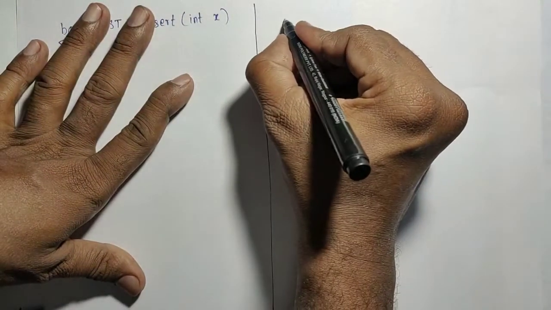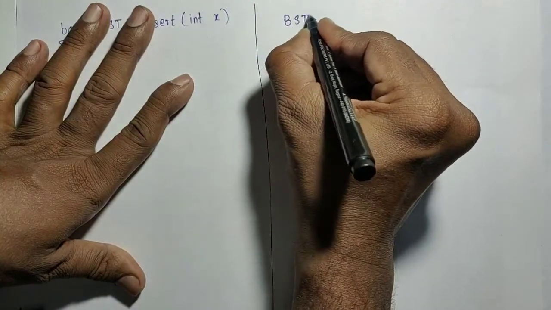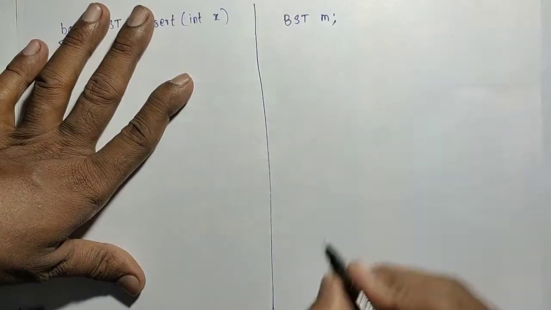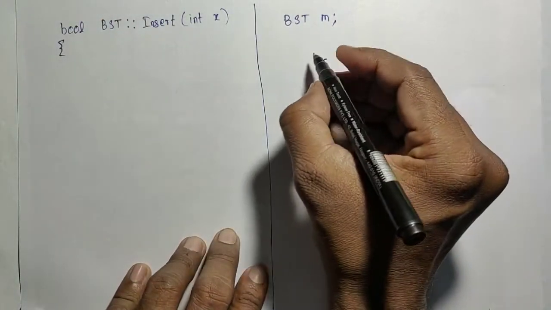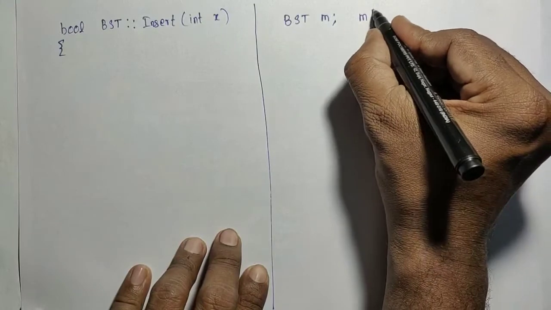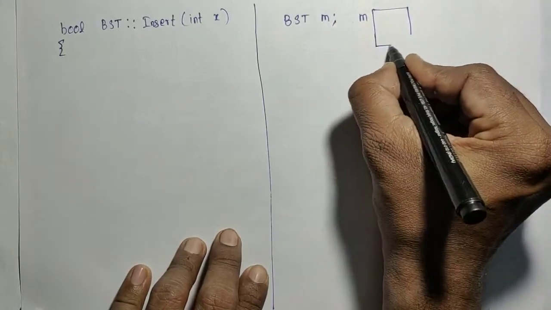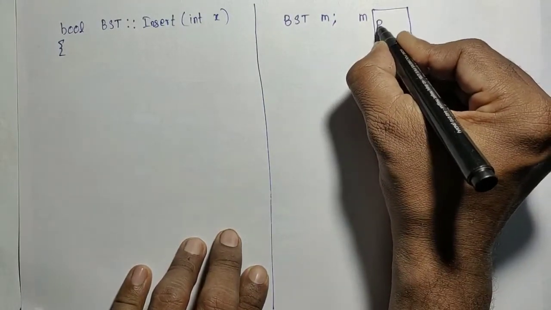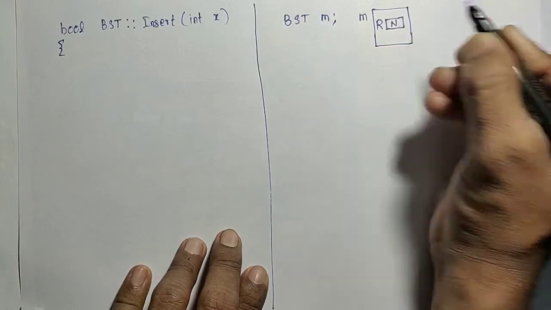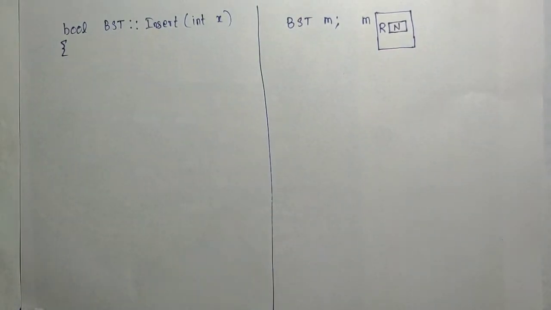Initially assume BST and then m. I have created an object m. It means that m is having the root, which is having null, correct? So it is an empty one.